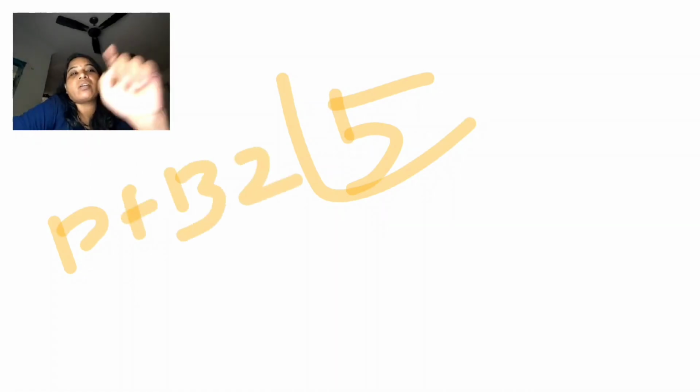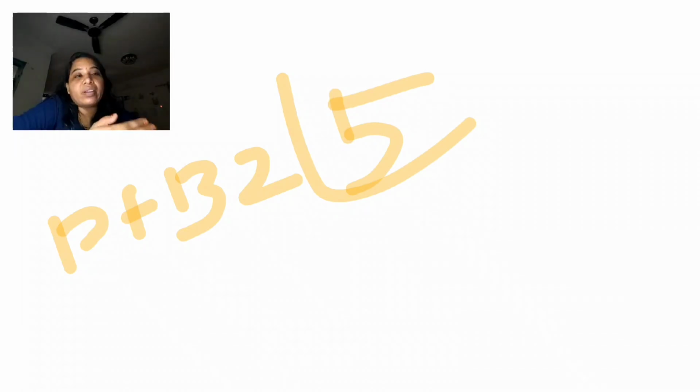Let's check. This is your 5, a decimal value. Now I am going to convert decimal to binary. Here I am using 2, because the binary base value is 2. Dividing 5 by 2, 2 2s are 4, the remainder is 1.